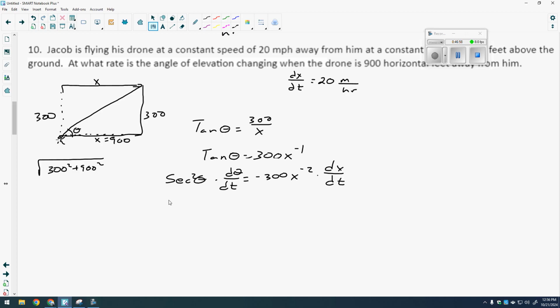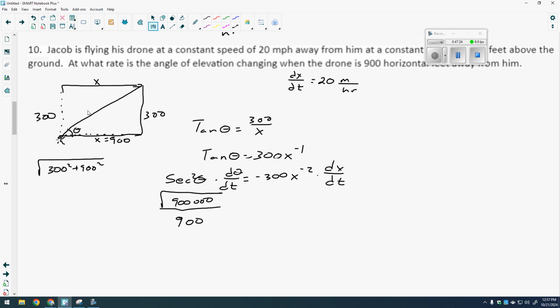So square root of 900,000 over, that over needs to be all the way outside. Square root of 900,000 divided by 900, right?